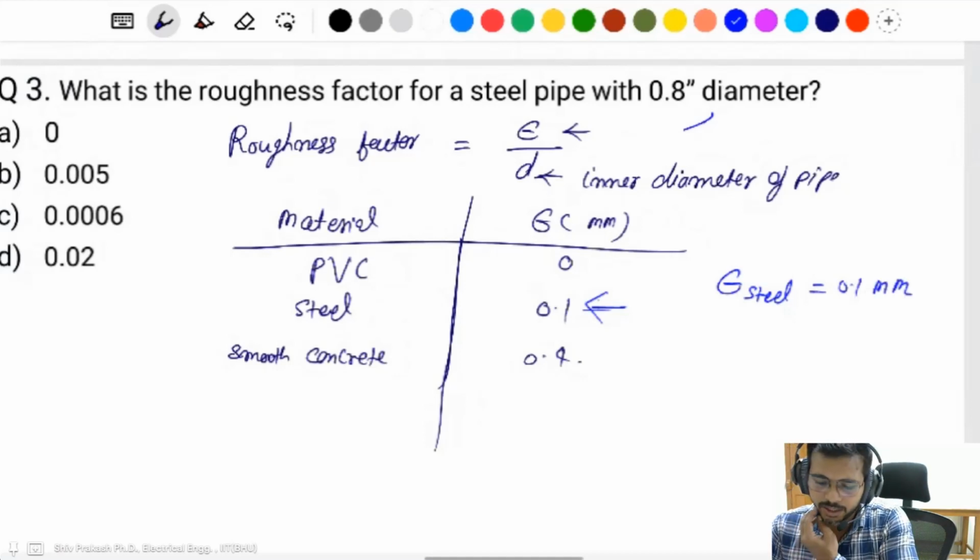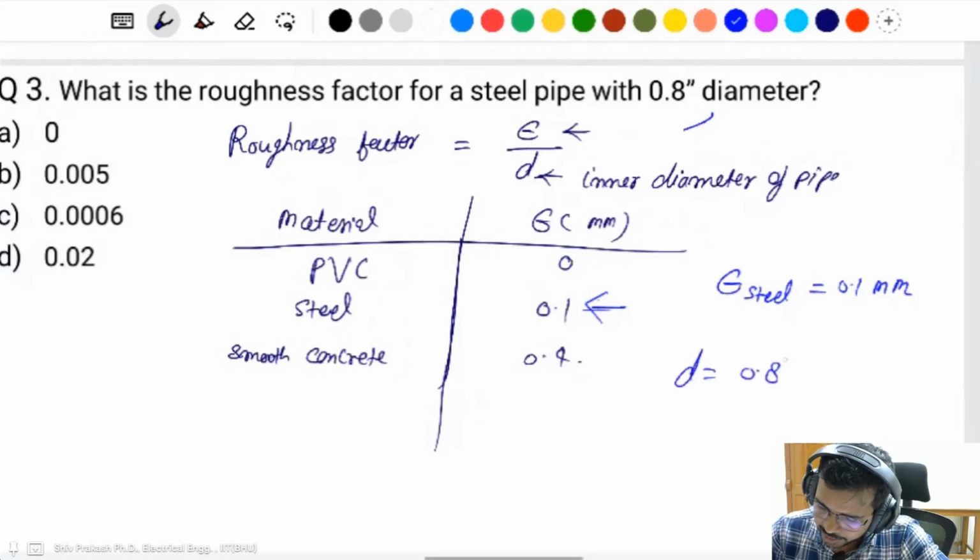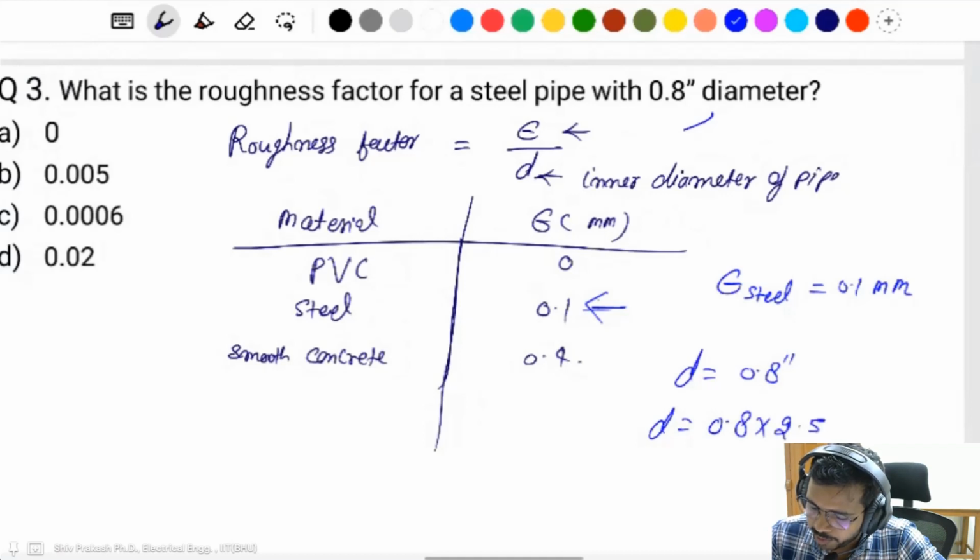Then what is the diameter? You can take the diameter in mm also. The diameter is given as 0.8 inch. In 1 inch there is 2.54 centimeter, right?